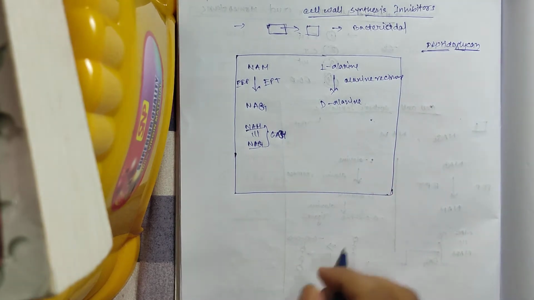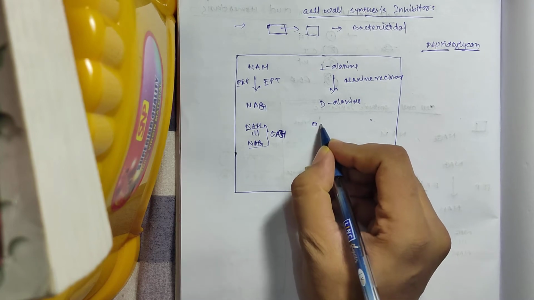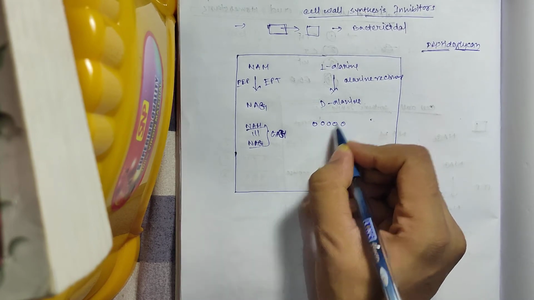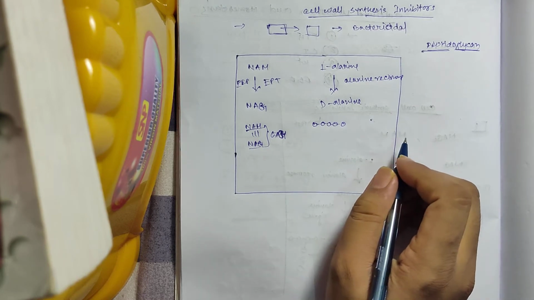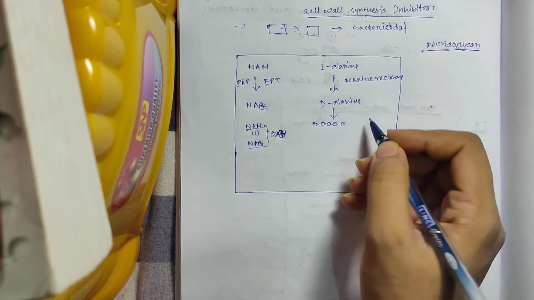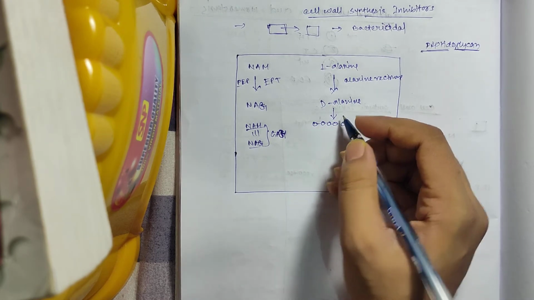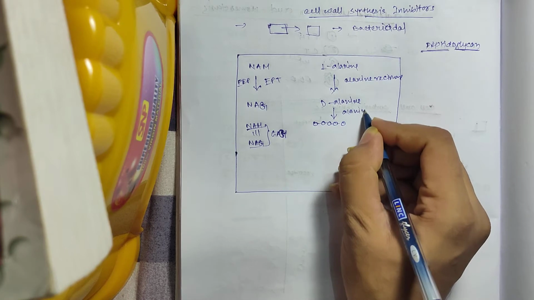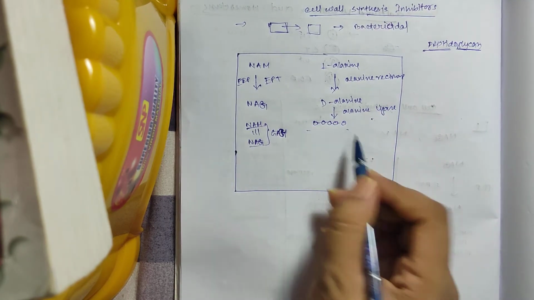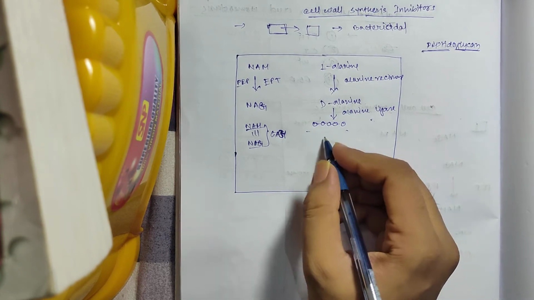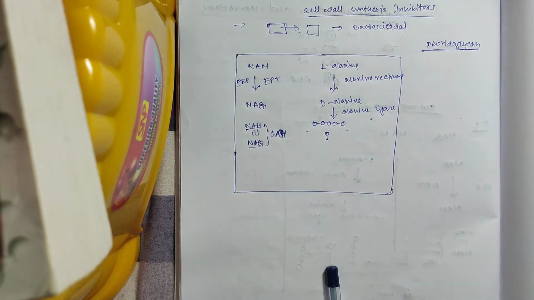Now suppose these are the D-alanine amino acids, and they are bonded like a chain. This is helped by an enzyme, alanine ligase, right? And after formation of this alanine chain, there is a bond formation with a glycine chain, right?